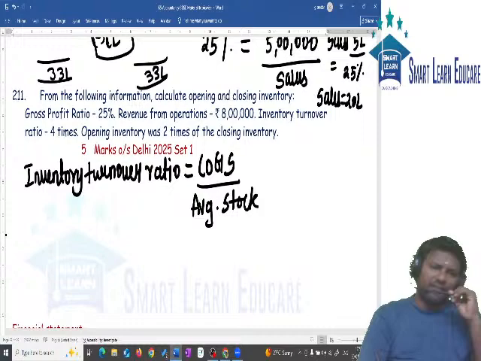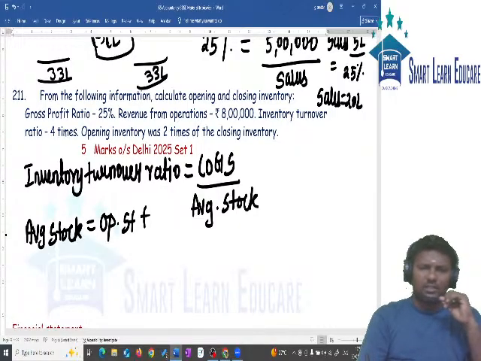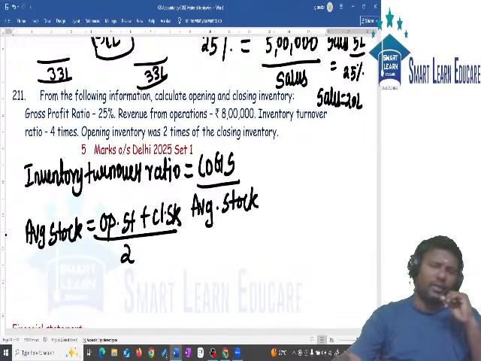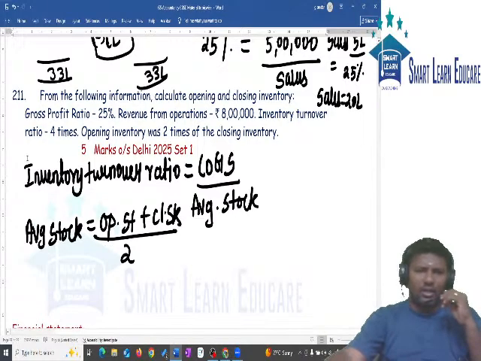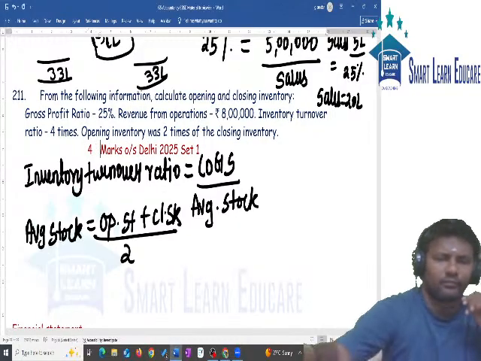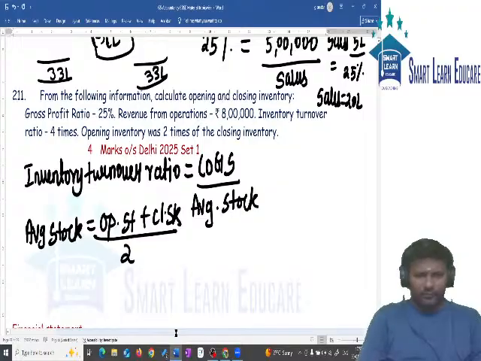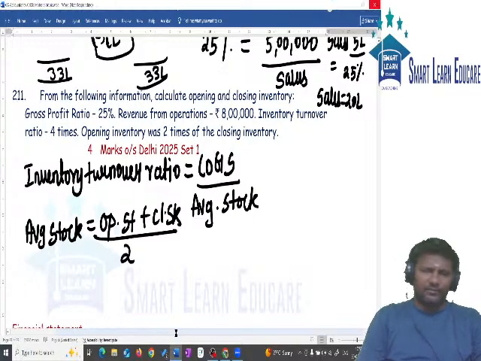And what is average stock? Average stock is equal to opening stock plus closing stock divided by 2. By using this formula, I want you to try the answer for this question. You try and tell me the answer, then I will discuss the answer.